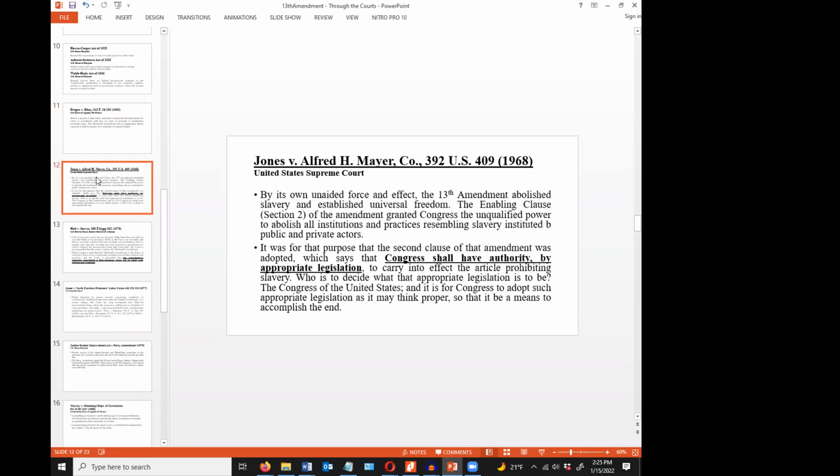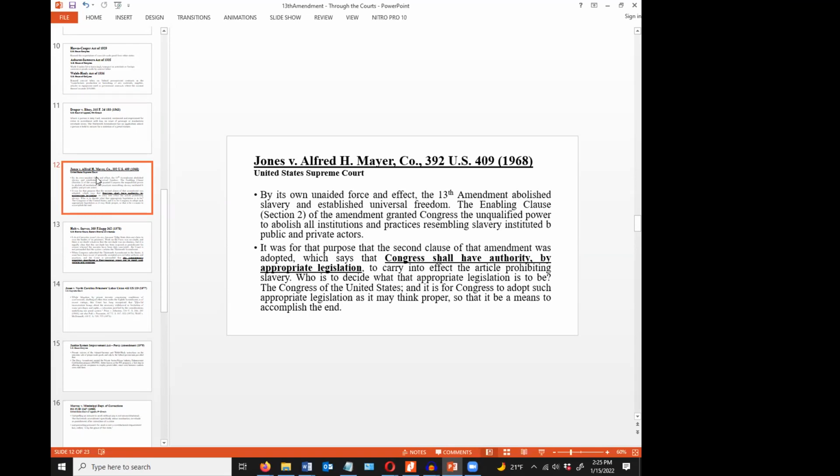In 1968, there came Jones versus Alfred H. Mayer Company. It said the 13th Amendment abolished slavery and established universal freedom. The enabling clause, which is Section 2 of the amendment, granted Congress the unqualified power to abolish all institutions and practices resembling slavery instituted by public and private actors.